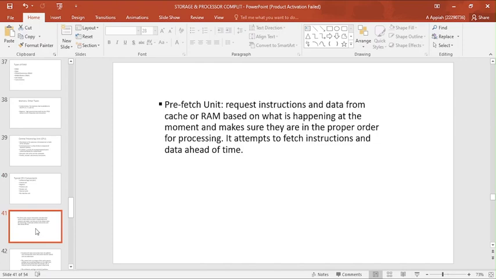So this unit or component of the CPU will request instructions and data from the RAM or from the cache, based on what is happening at the moment, and make sure they are in the proper order for processing.